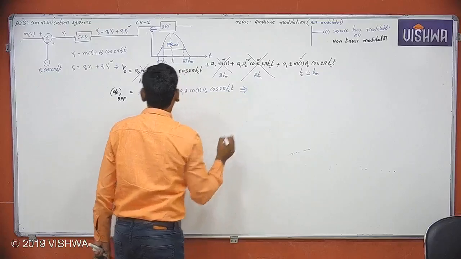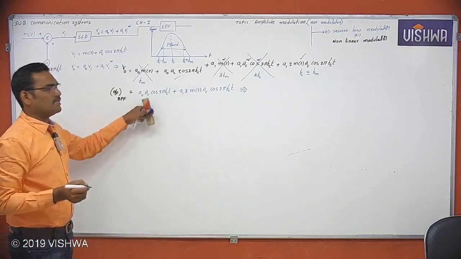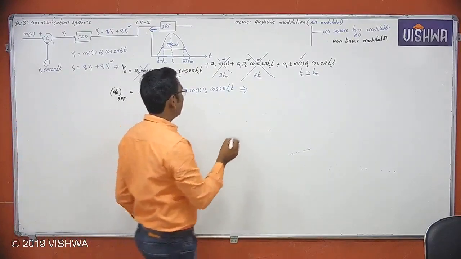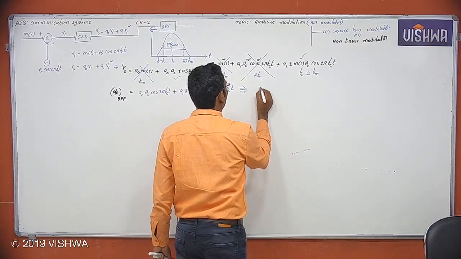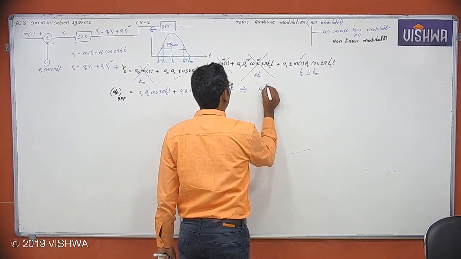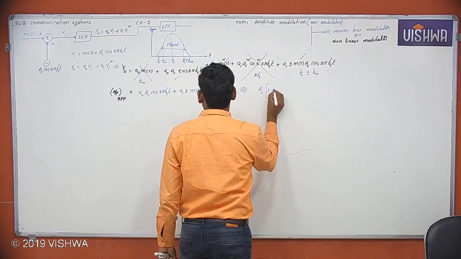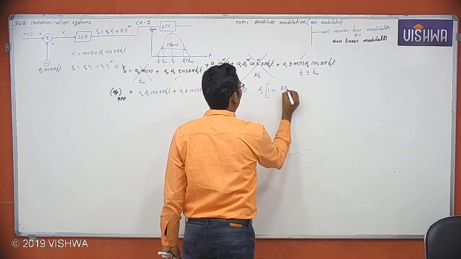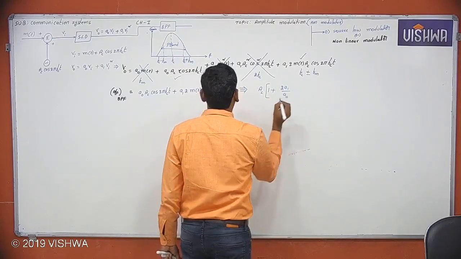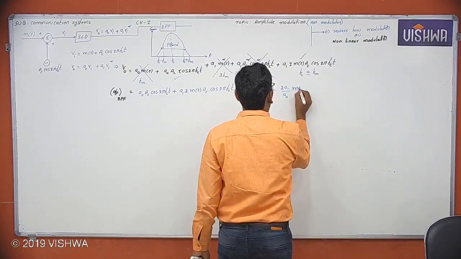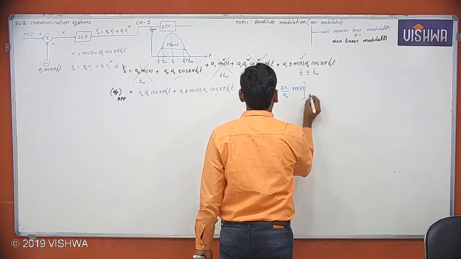Taking AC cos 2 pi FCT as common: AC cos 2 pi FCT into 1 plus 2 A1 by A naught into m of t.